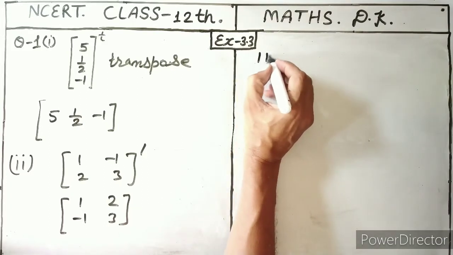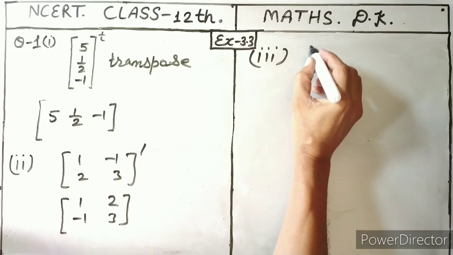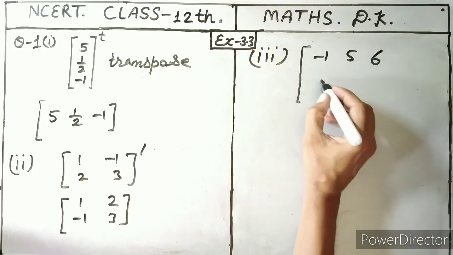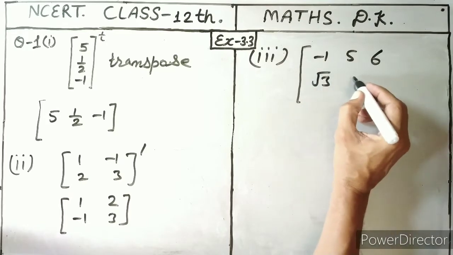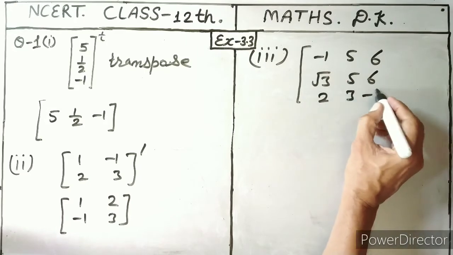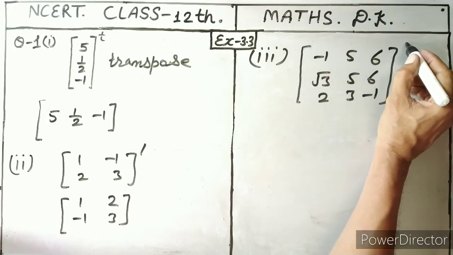Third part, this is third part. Matrix is -1 5 6, √3 5 6, 2 3 -1. We want to find out its transpose.